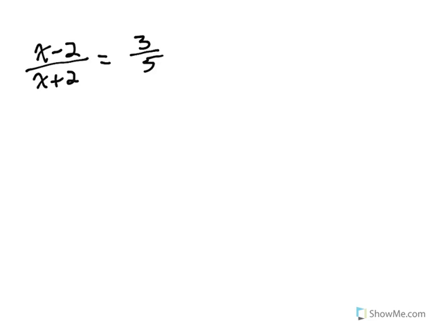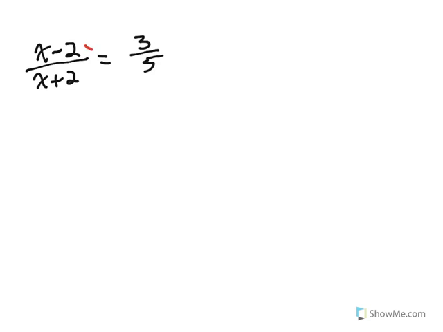Another example, sometimes either one or both of our fractions will have more than one term in them. We still cross multiply as before, as in x minus 2 over x plus 2 equals 3 over 5.